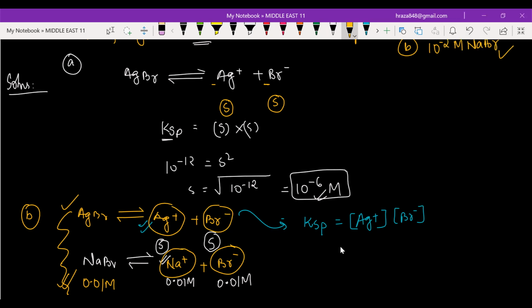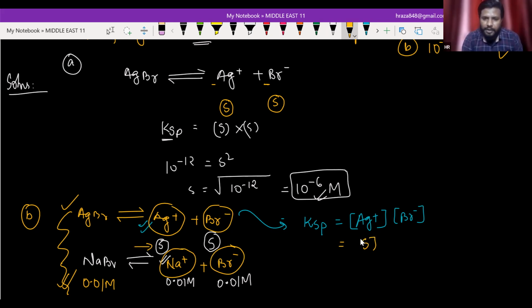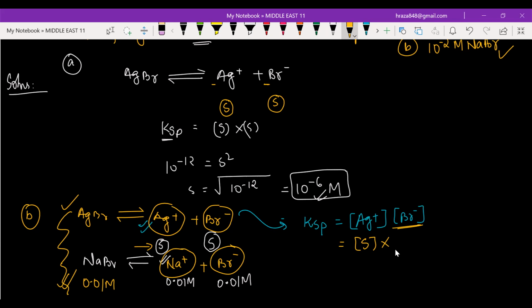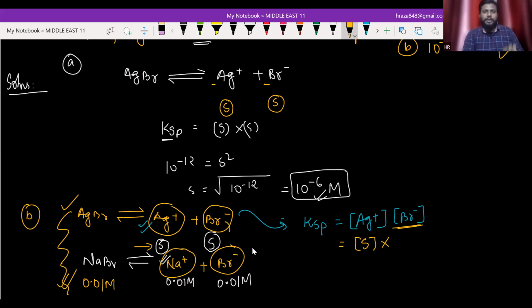Now, what is the concentration of Ag plus? That is given as S. Now, this is very important. What is the concentration of Br minus? So 2S? No, not 2S. You can see there are two Br.